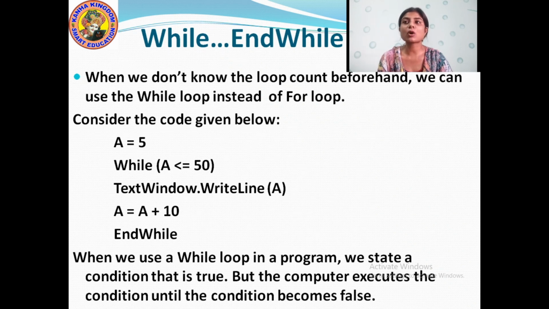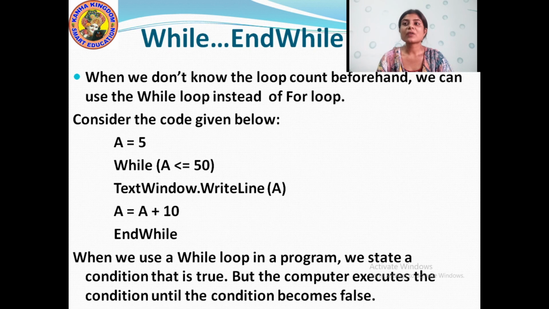See, consider the code given below. A = 5. That means the value of variable A is equal to 5. While A <= 50, you are asking the computer to execute this program.